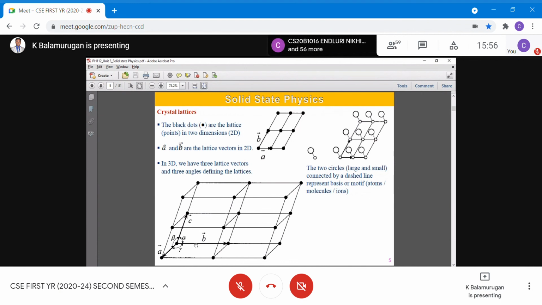You should not randomly decide, for example, to draw angle alpha as the angle between A and B. That's wrong. That's not accepted. You have to maintain the standard notation. So these parameters, the vectors A, B, C and the angles alpha, beta, gamma, are called the lattice parameters, or lattice constants.